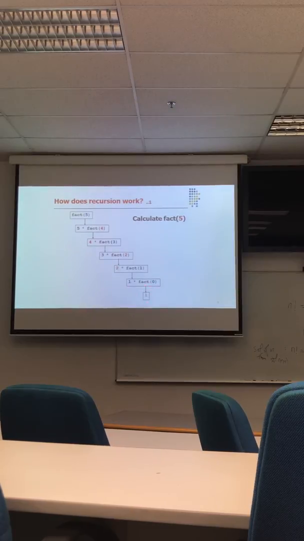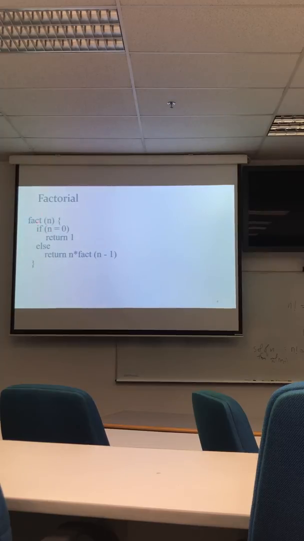This is factorial 0. Again, you will execute the same algorithm by substituting 0 here. Since n is now equal to 0, you will execute this part. You won't execute the else. So the if condition is satisfied and you return 1.